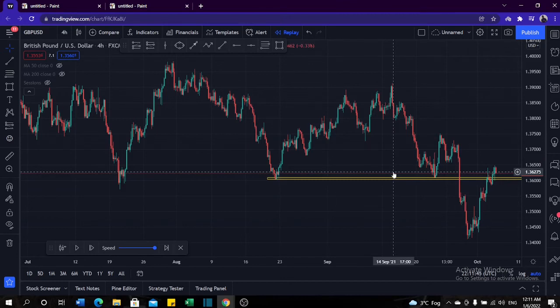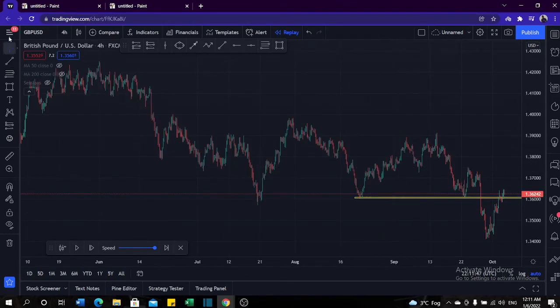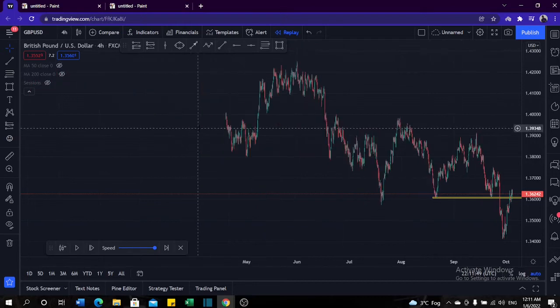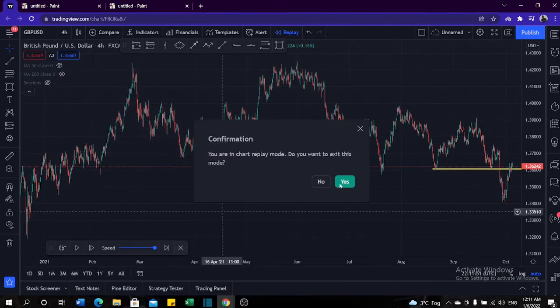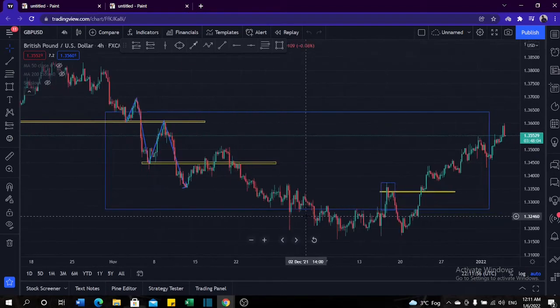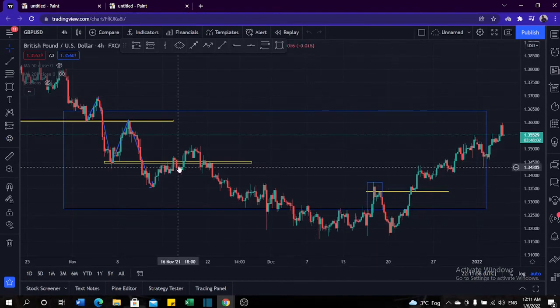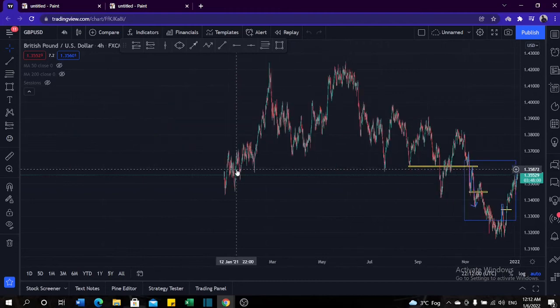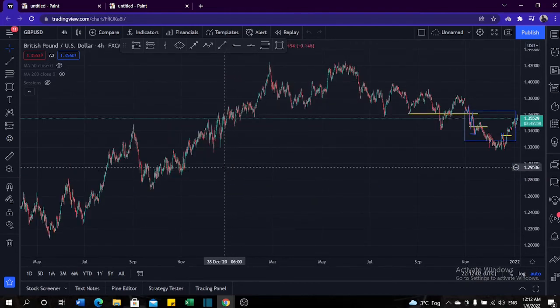The next area we can see depletion. Yes, confirm. A nice area where we can see depletion in the market, or depletion of momentum in a particular area.